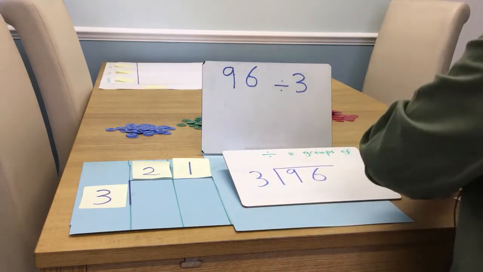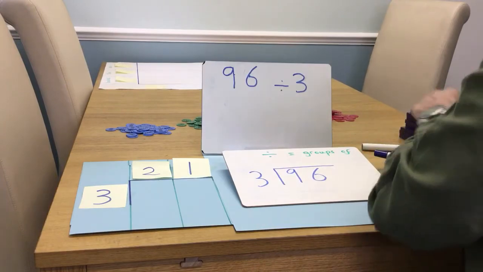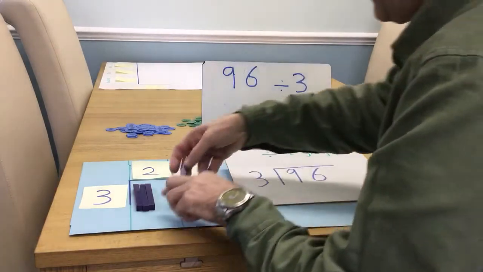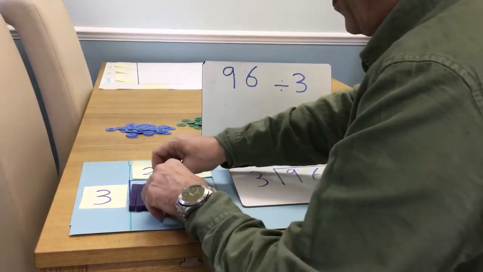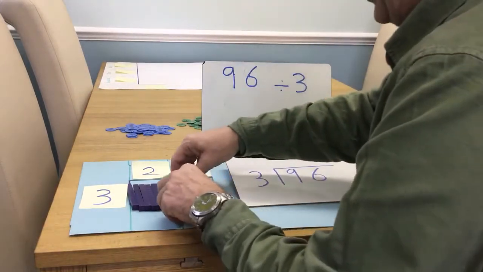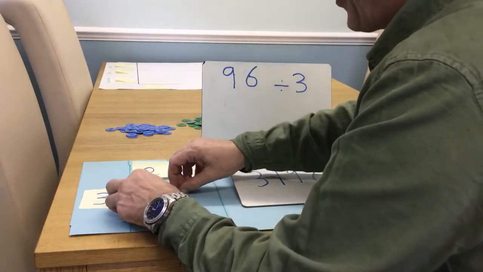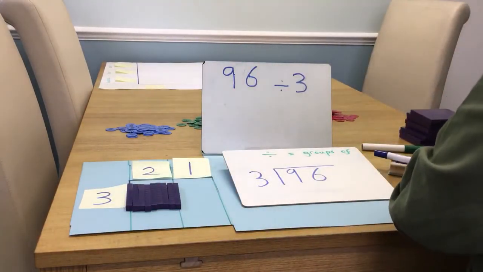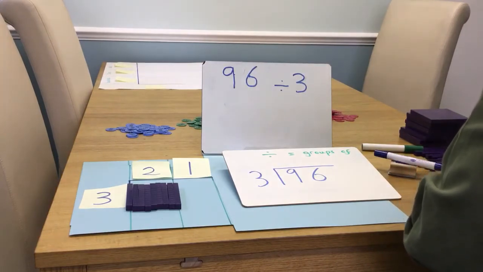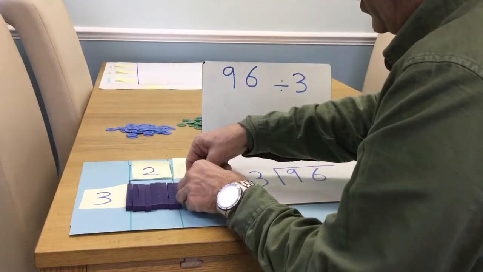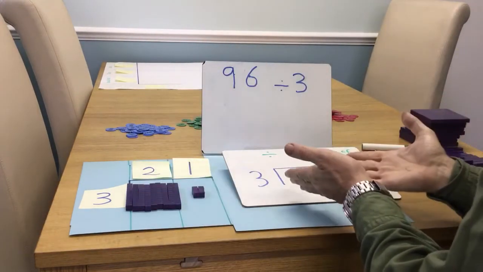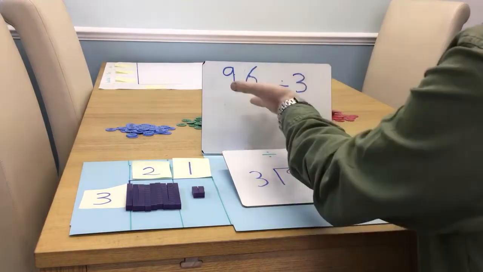And then I'm going to very carefully make 96. 10, 20, 30, 40, 50, 60, 70, 80, 90. Wow. And 6. 96. I've made the picture of the sum. I know what the sum is.